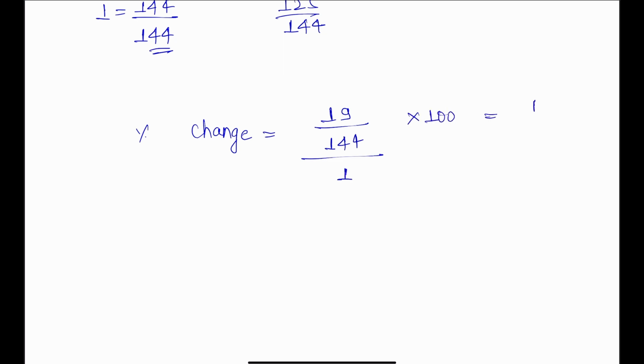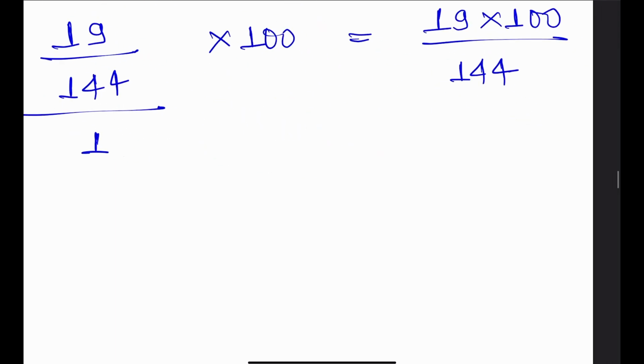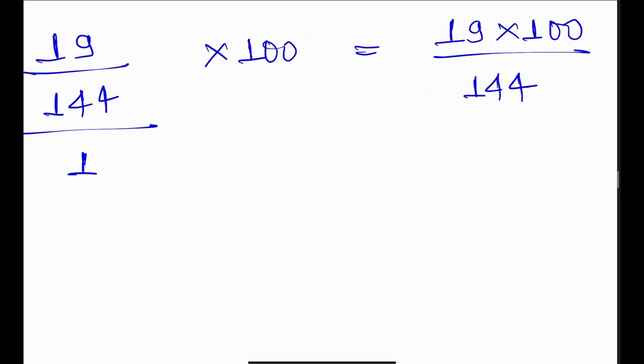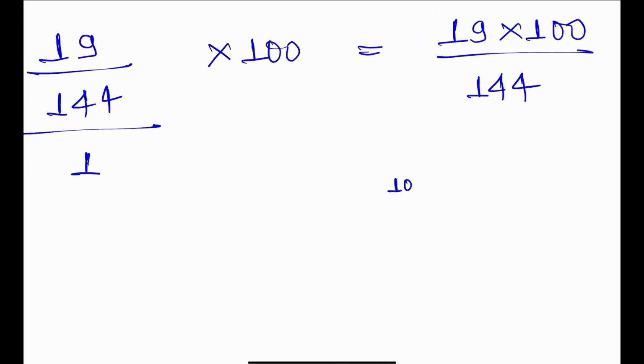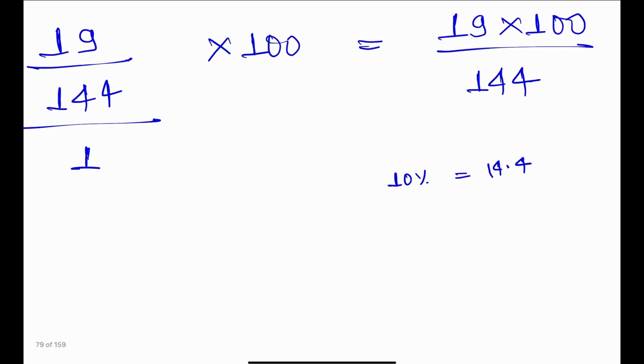So it is nothing but 1900 or 19 into 100 by 144. So again we'll use our approximation. So 10% is 14.4. How much is remaining then? 4.6, right? 4.6 is there.